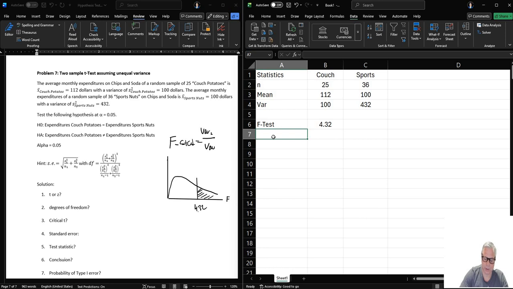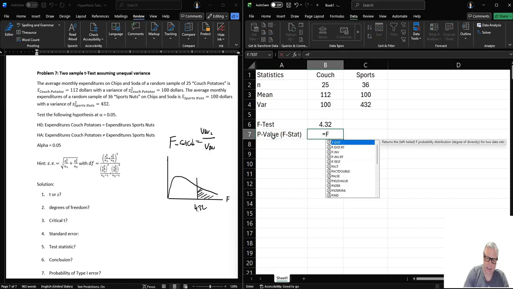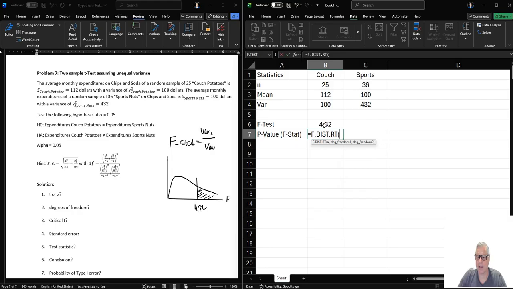And let's first do that. So the P value associated with our F stat is 4.32. So now we would say F, and then there is an Excel formula, F.DIST.RT, right tailed.